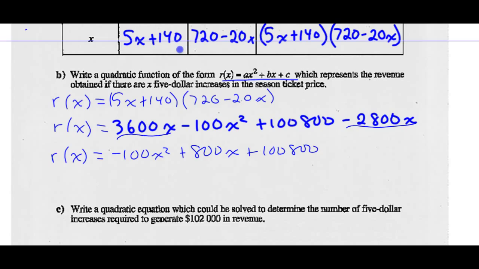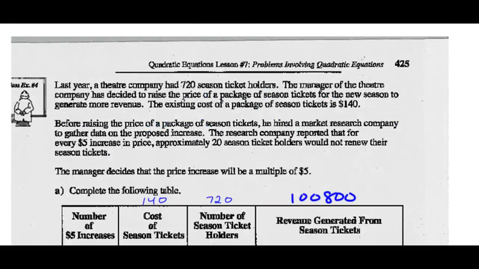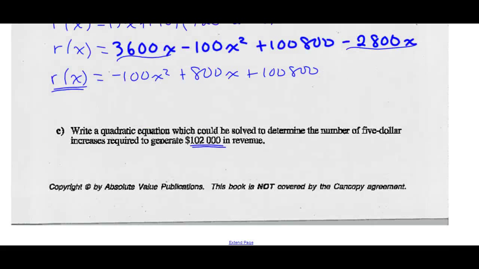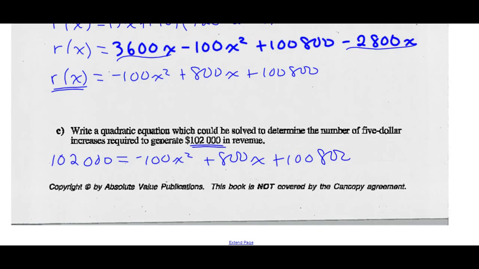Part C, write a quadratic equation which would be solved to determine the number of $5 increases required to generate $102,000 in revenue. Well, this right here is what stands for revenue. So I want to write 102,000 should equal negative 100x squared plus 800x plus 100,800.